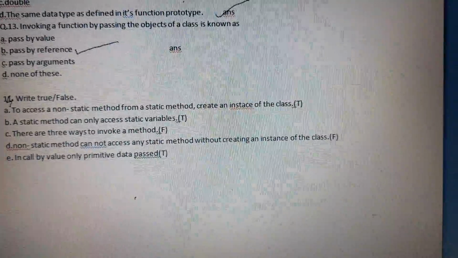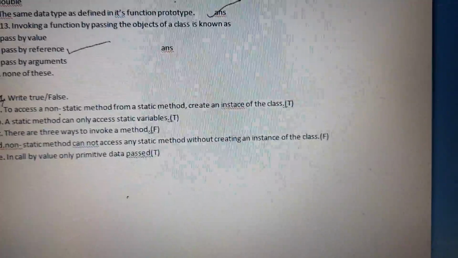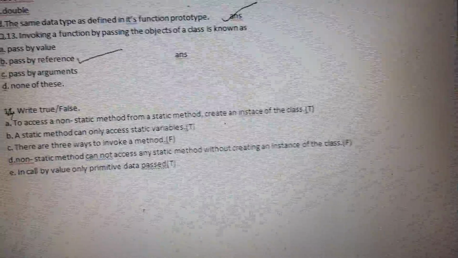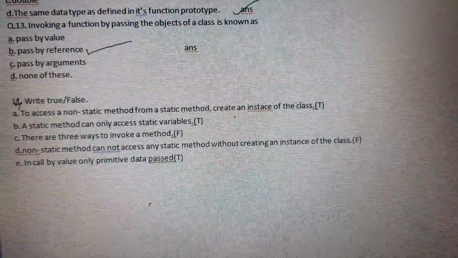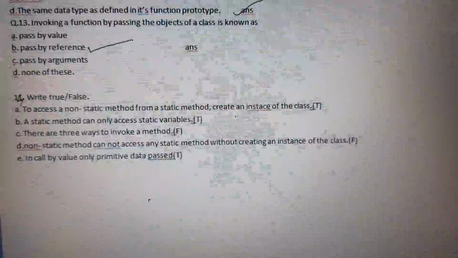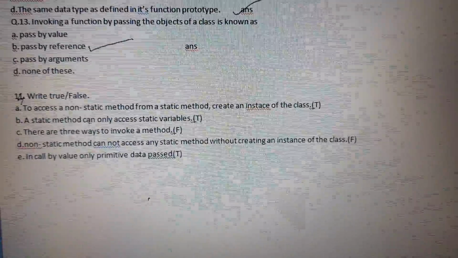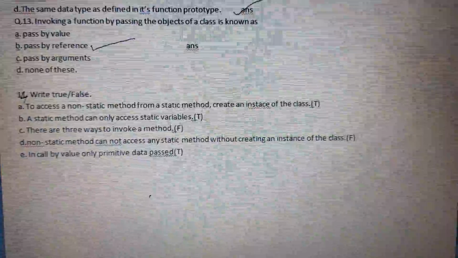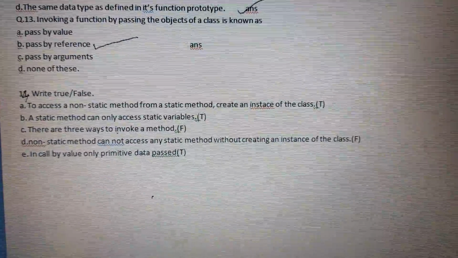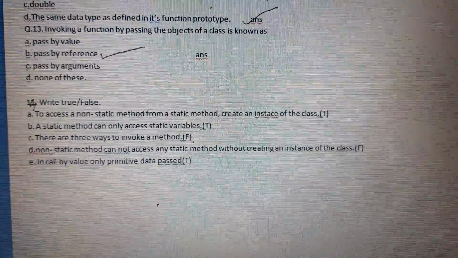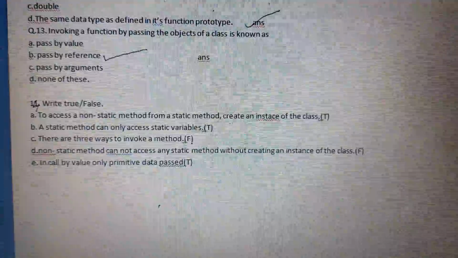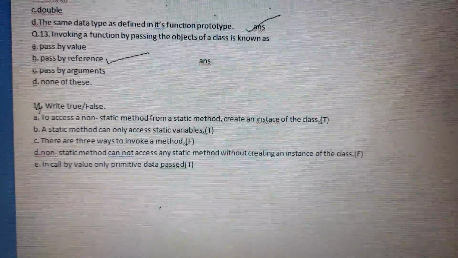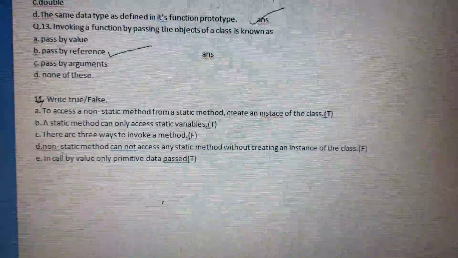Write true or false. To access a non-static method from a static method, create an instance of the class. True. A static method can only access static variables. True. There are 3 ways to invoke a method. False. There are only 2 ways: pass by value or call by value, or pass by reference or call by reference.